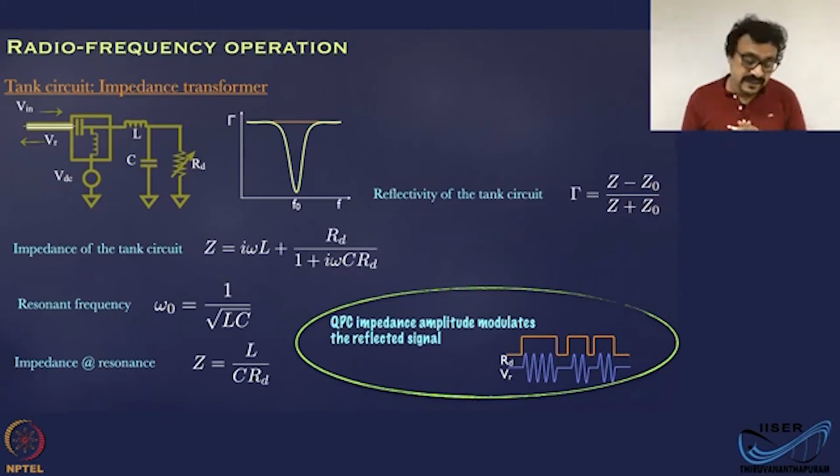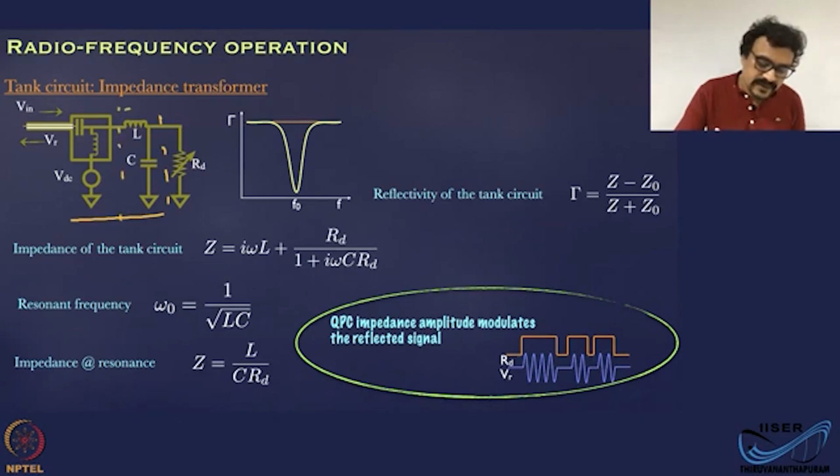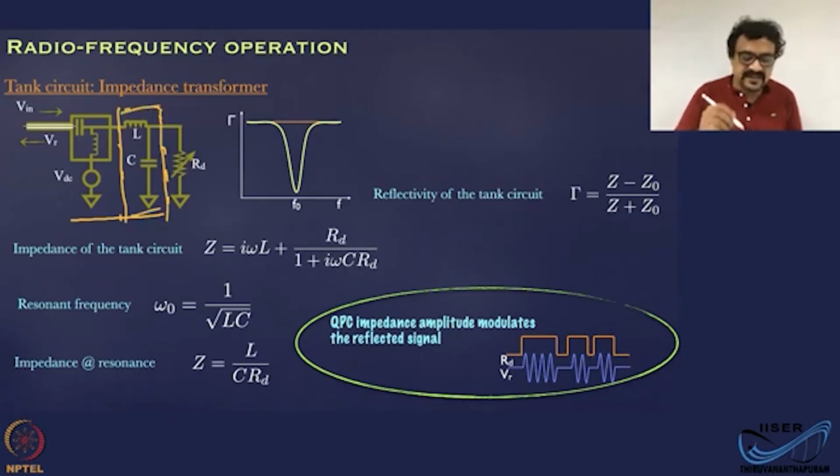Now, the idea here is you make an impedance transformer, which consists of an LC circuit, and together with the R of the device, it becomes an LCR circuit.